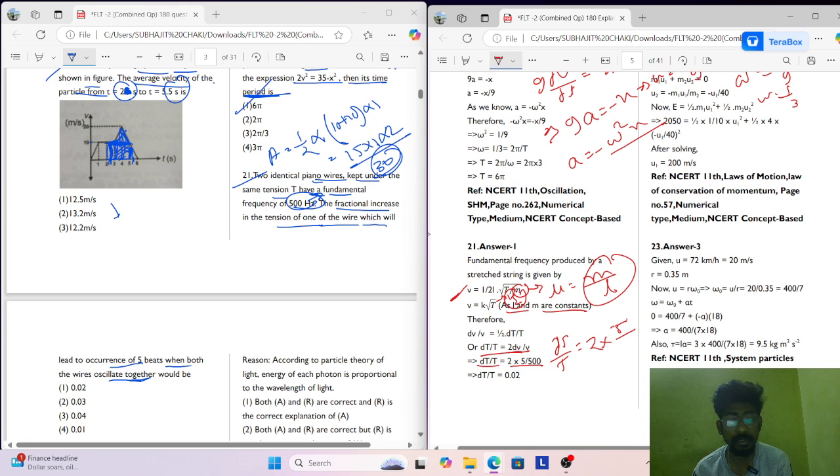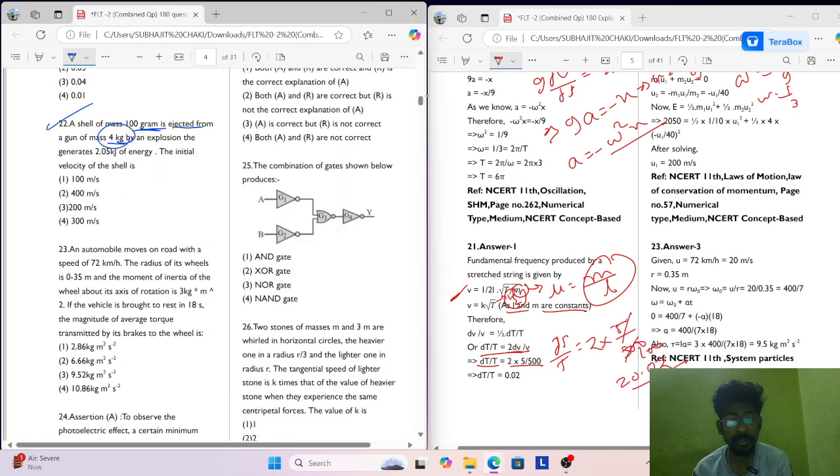A shell of mass 100 grams is ejected from a gun of 4 kg by an explosion that generates 2.5 kilojoule energy. Find the initial velocity of the shell. Law of conservation of momentum we have to apply.